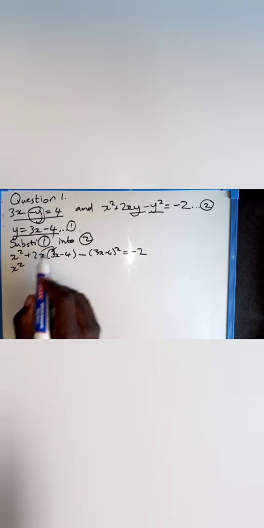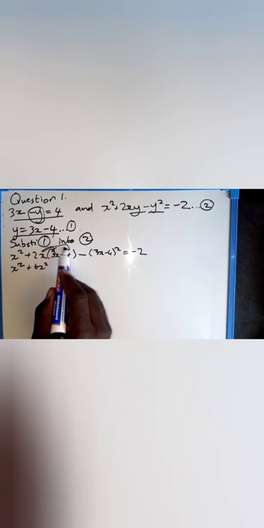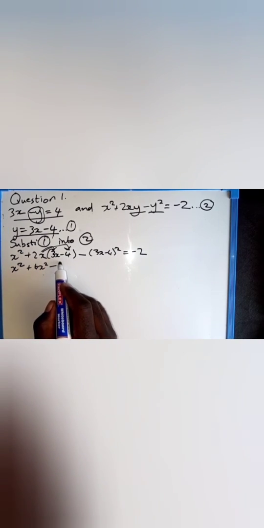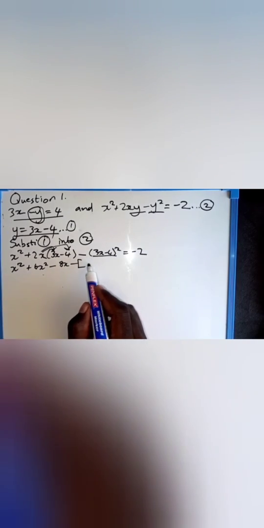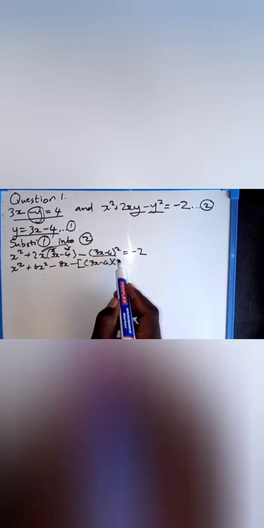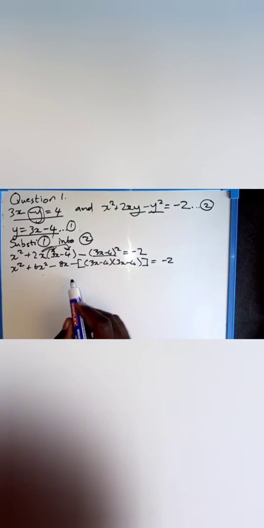So this will be x squared, plus 2x, and multiplying in will give me positive 6x squared, multiplying in negative 8x, minus, and I'm going to expand this bracket, so I'll have (3x minus 4)(3x minus 4) is equal to negative 2.